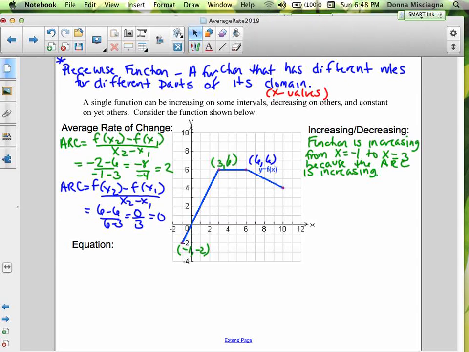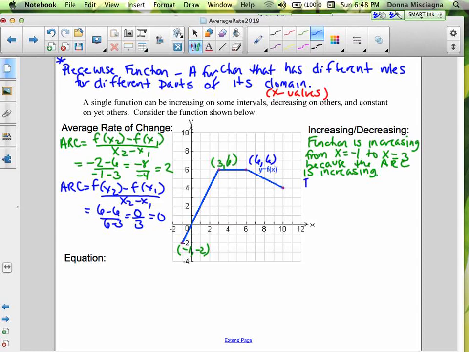So we have an average rate of change of 0. If the function's not increasing or decreasing, it must be constant. So the function is constant from x equals 3 to x equals 6 because the average rate of change equals 0.